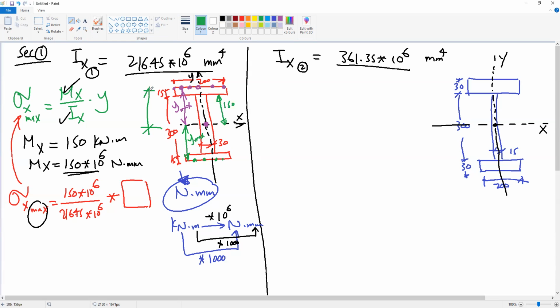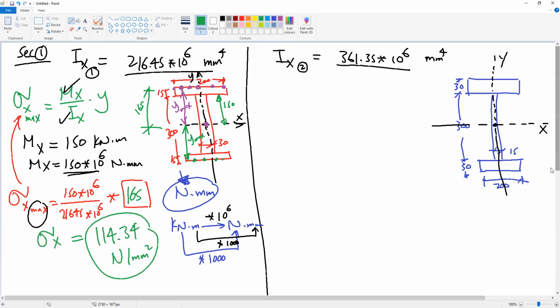So the location of maximum stress will be 150 plus 15, which is 165. So Y max here will be 165. From this calculation, we can find that sigma max will be 150 divided by 216.45 times 165. So this gives us sigma x of 114.34 Newton per millimeter square.